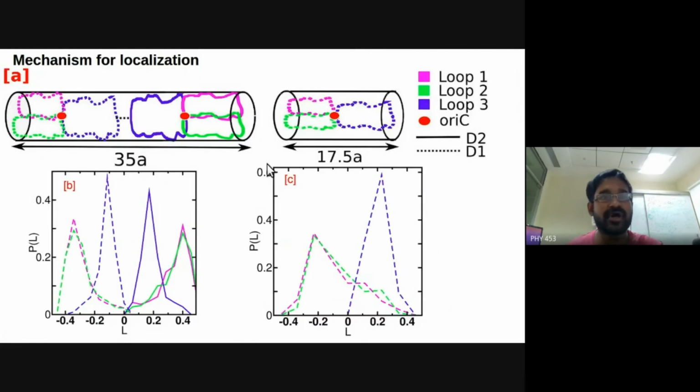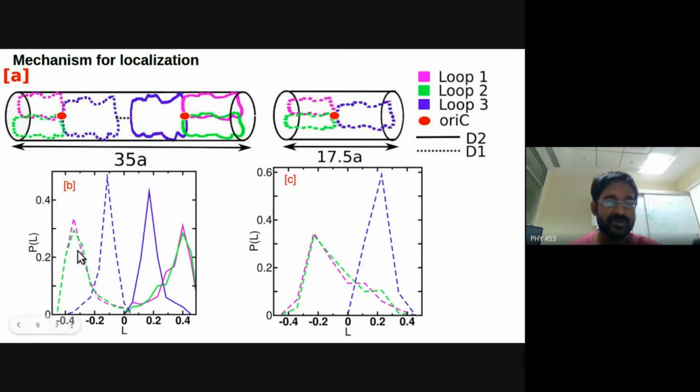So now to answer that question, we would like to look at ARC2 in detail. Here we look at the loops of ARC2, and they're colored differently. The two smaller loops are colored pink and green respectively, and the bigger loop is shown in blue. And we follow the distribution of the center of masses of these loops. This is for the two ARC2 polymer case, or the replicated case.